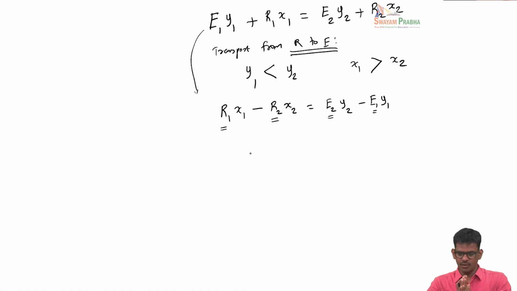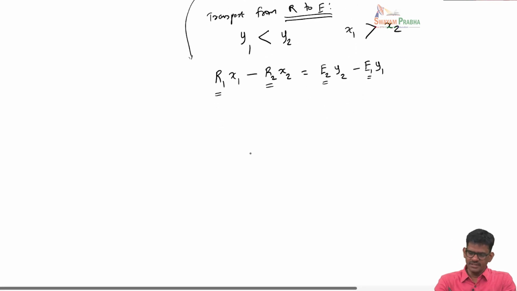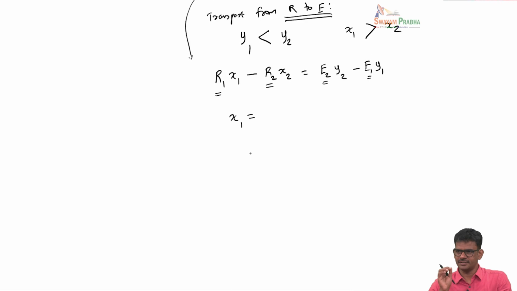Now, this basically is a mass balance equation, but I want to do a little bit of manipulation of this equation, and the advantage of this will become evident as we go along. So let's say, what is X1? X1 is the mole fraction of solute A at the entry point in the R phase, right?